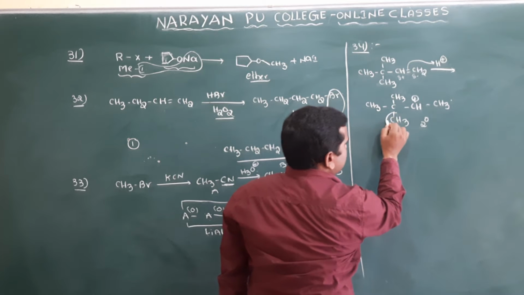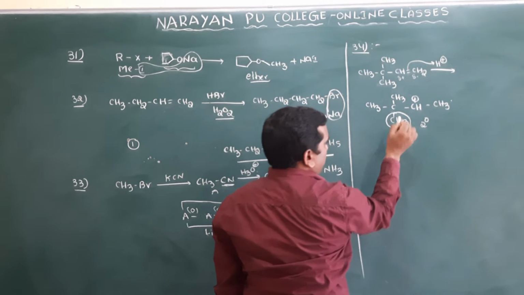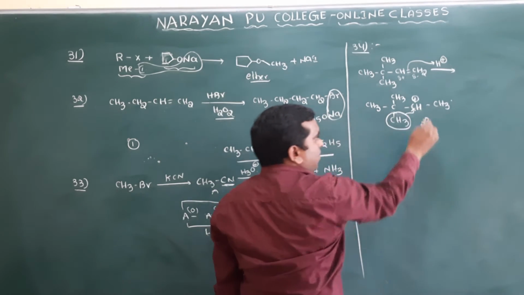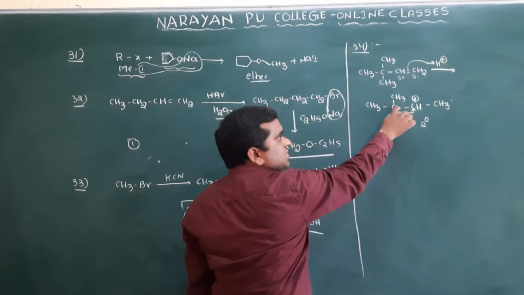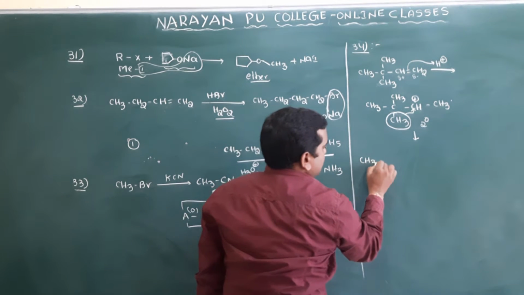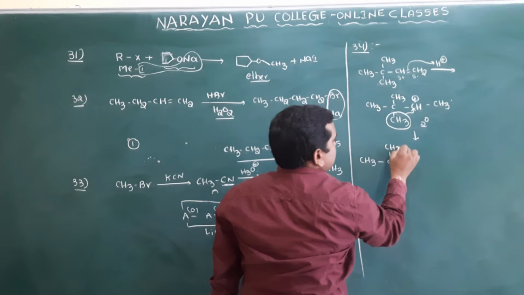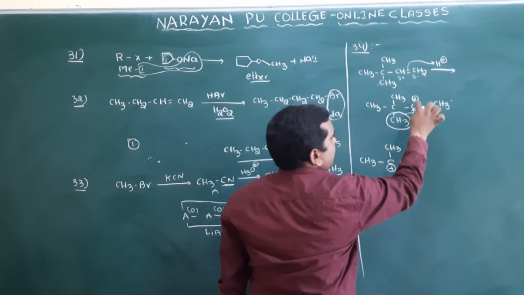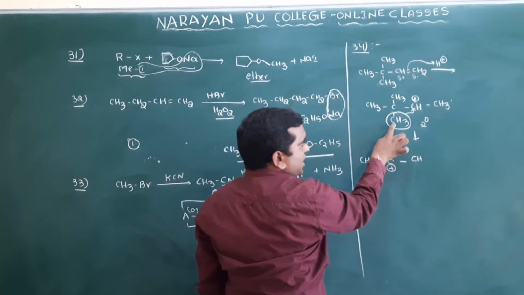So one of these methyl groups, along with its electron, means a negative charge, will come here. And since it is a negative charge, this carbon should get which charge? Positive charge. Next, this is CH3, and here you will get positive charge. The CH here is positive charge, CH3 is negative charge.